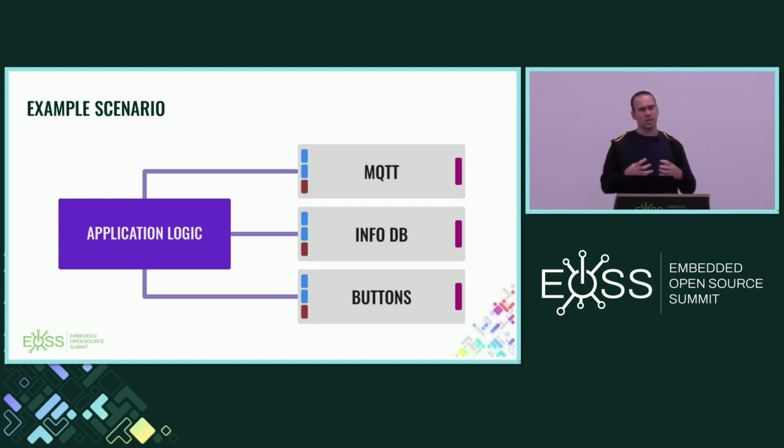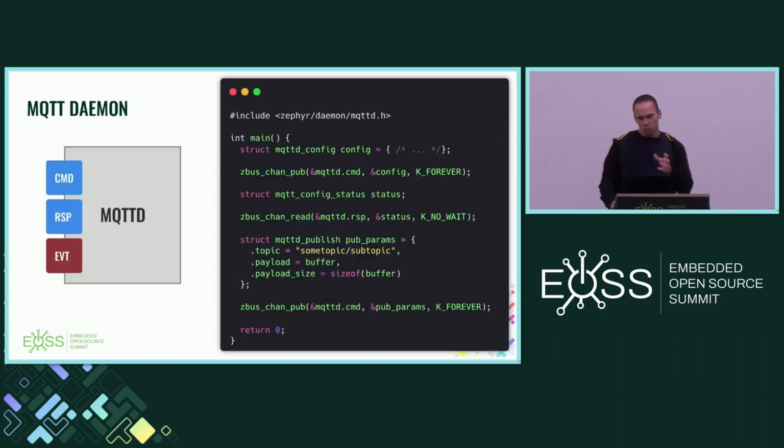So I guess it's not for everything, but we can find some parts of the code that we can put inside a kind of capsule and make reusable for everybody. We could have a kind of configuration. We publish to a command channel, and we check the response channel. We could just use a struct and publish to the same command channel, right?